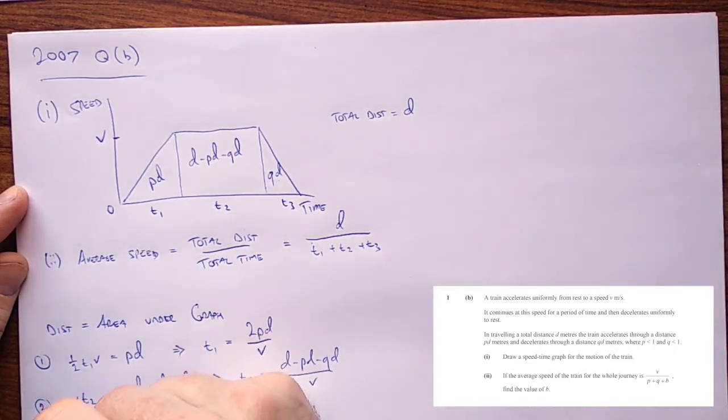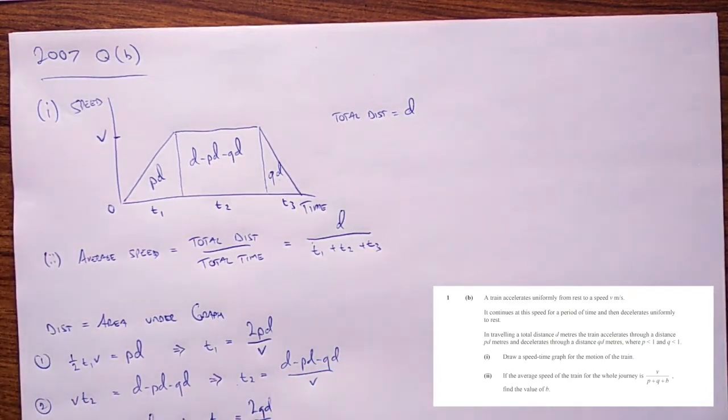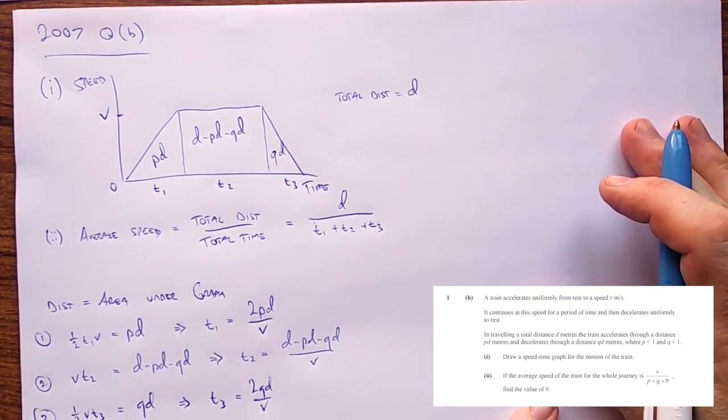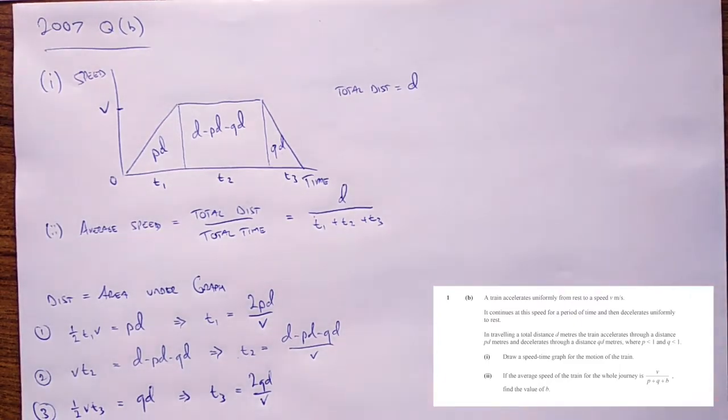And again, a half vt3 equals qd. So t3 equals 2qd all over v. Now this is getting a little less horrific. Now that's the third one, pretty much exactly the same as part 1.